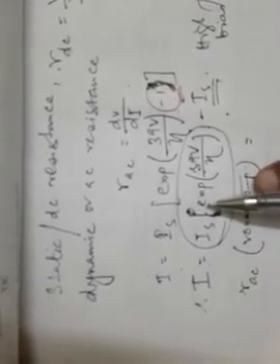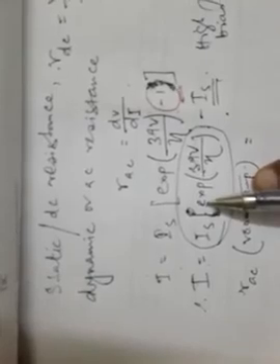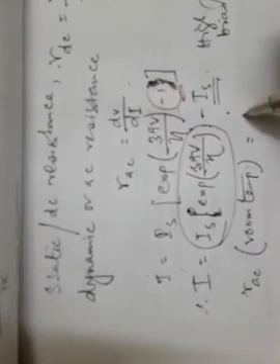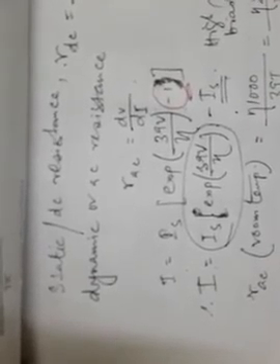Simplifying and differentiating both sides with respect to I, you can get RAC equal to dV/dI, which is eta 1000 divided by 39I, that is eta 26 by I, where I is expressed in milliamperes.